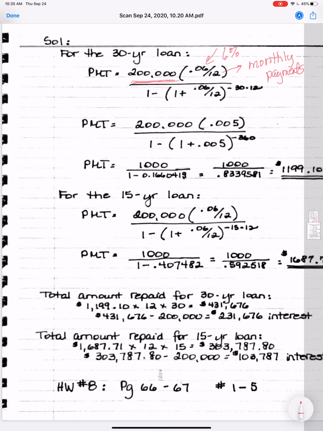And that whole thing is going to be divided by 1 minus 1 plus 0.06 divided by 12, raised to negative 30 times 12 because we have 30 years with 12 payments per year.